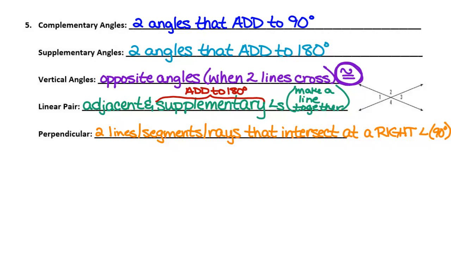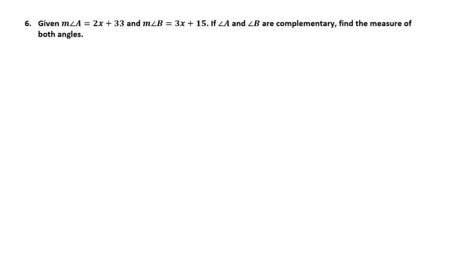Okay. Let's go ahead and look at a couple more example problems now. Number 6. Given the measure of angle A is 2x plus 33 and B is equal to 3x plus 15, if A and B are complementary, find the measure of both angles.